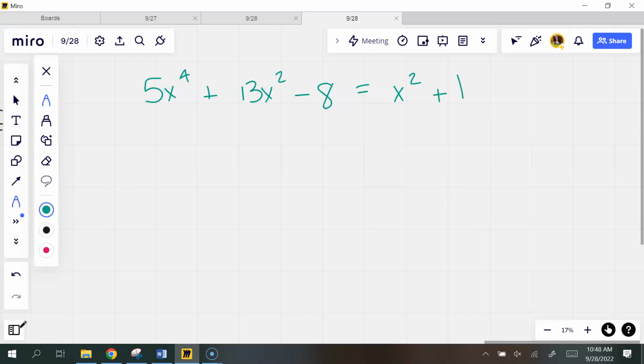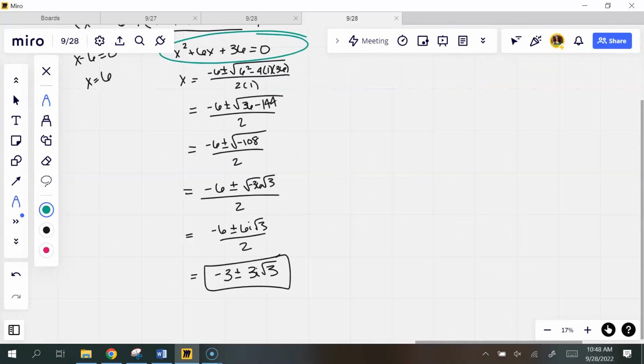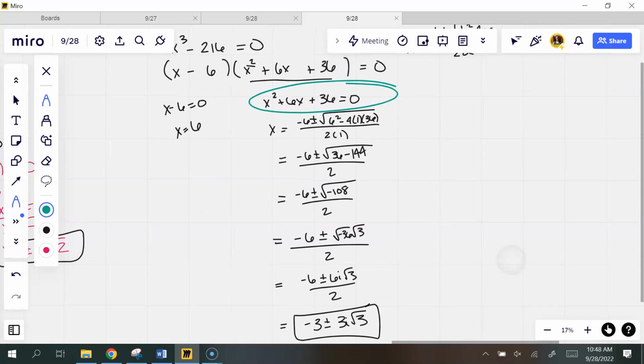Solve for X. Did you finish this, Slade?